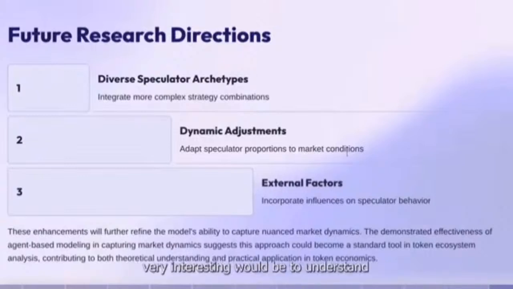Something which I also find very interesting would be to understand what the different mixes of speculators are that can lead to particular behavior. So we can use this process against price dynamics and say, it looks like this is the kind of speculator mix that is maybe taking place at the Link token, and there's another speculator mix for Bitcoin and so on and so forth.